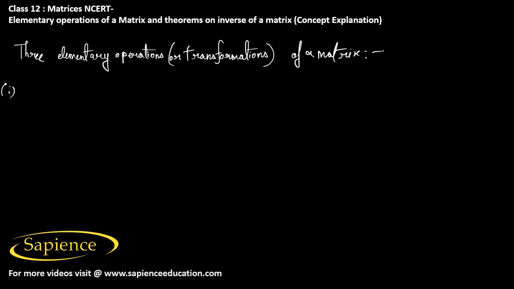The first one is the interchanging of any two rows or any two columns of a matrix.